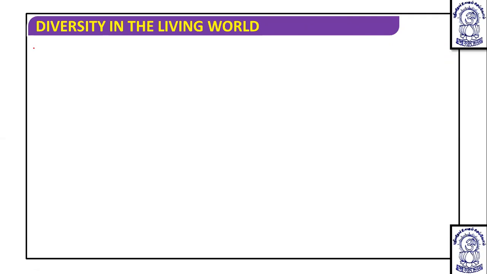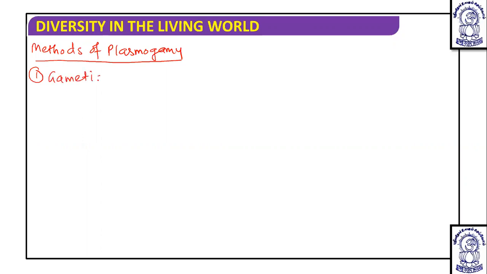So when we talk about different methods of plasmogamy or sexual reproduction, in this first we talk about gametic fusion or planogametic copulation. In this, gametes are fused directly.